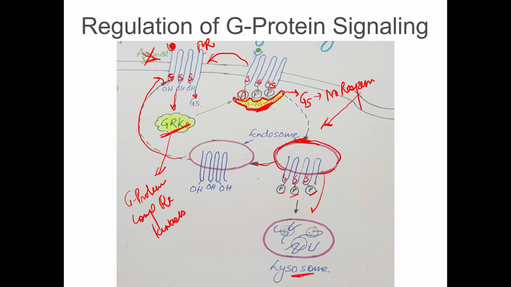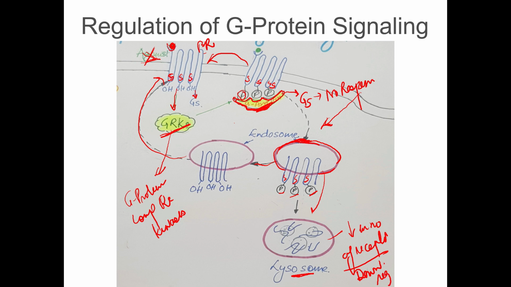Within the lysosomes, various lytic enzymes are there which degrade the receptor, and once it is degraded, there will be a decrease in the number of receptors, which leads to down regulation.